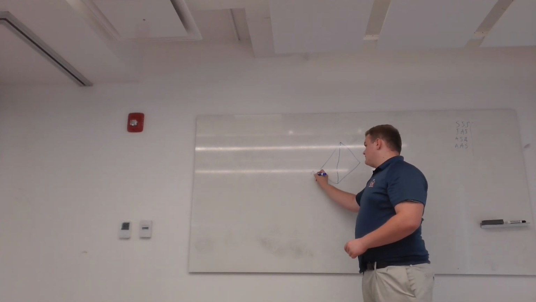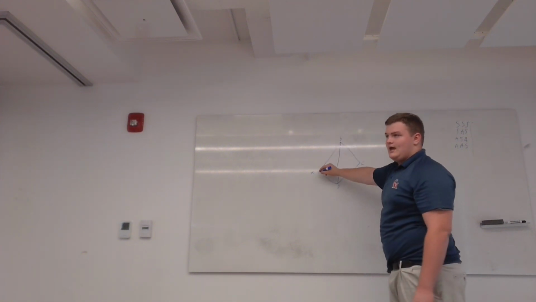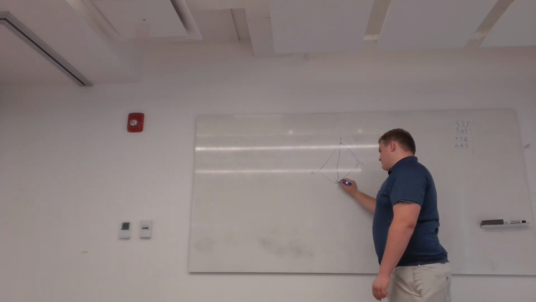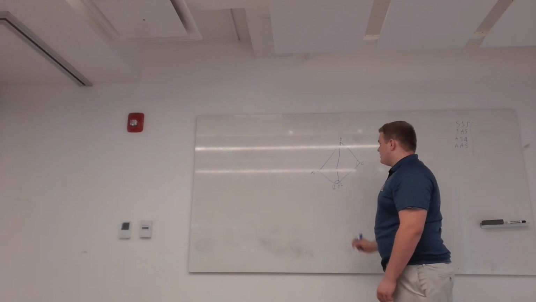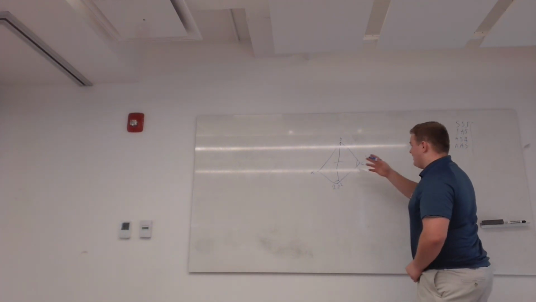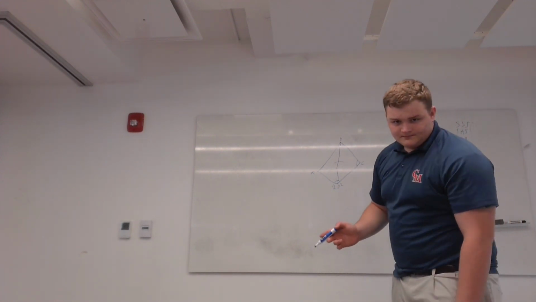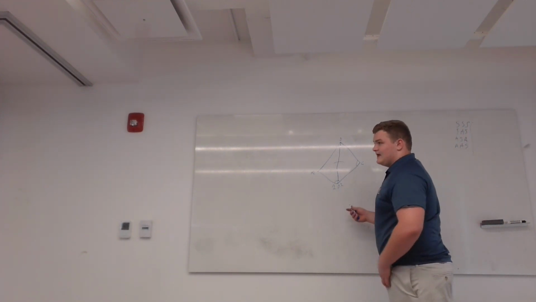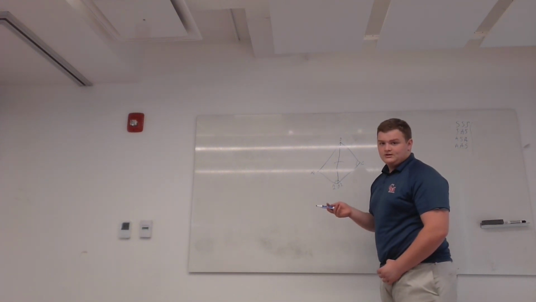Let's put this as A, B, C, D. So angle A and then angle C are equal. But then angle B1, and then angle B2 are equal, and then BD is equal. And instantly off that, boom, it's AAS. So based off that, you should know that these two are congruent, and you can put that down on a proof sheet.